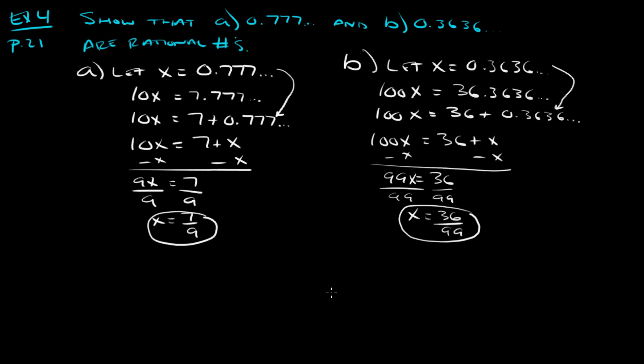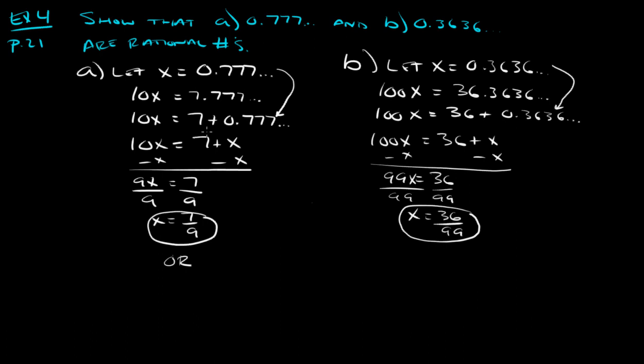Alright, now, hopefully you can look at that and say, hey, wait a minute, look, we got 0.777 and we put that over 9. We got 0.3636 and that ended up over 99. So basically, a shortcut way to do this that we've figured out over the years is just do this.